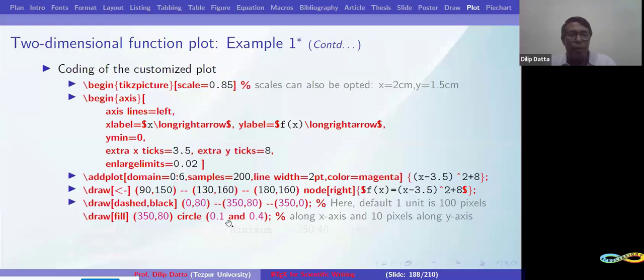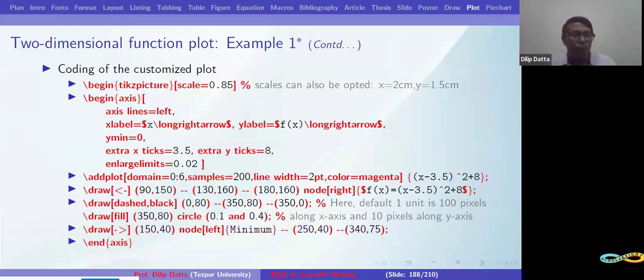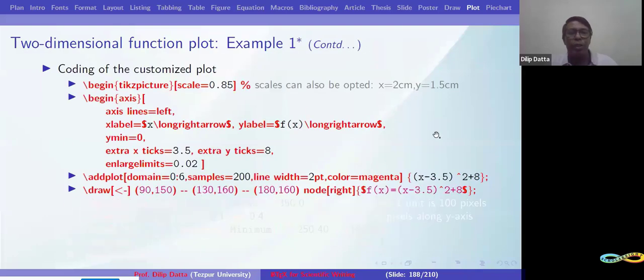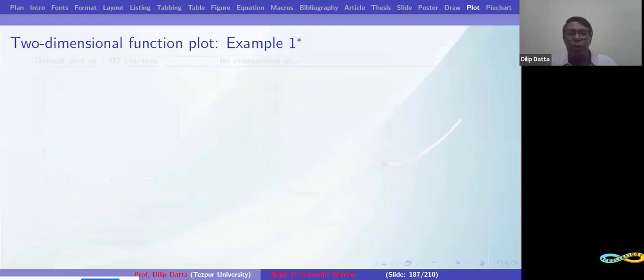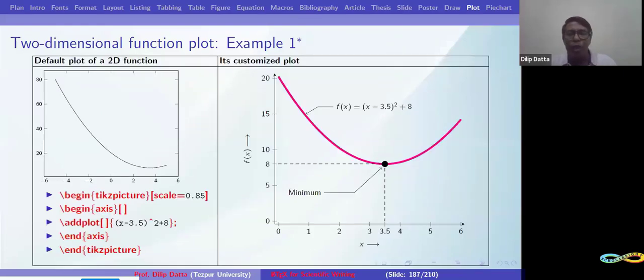Then two radii are mentioned, which means it will be an ellipse. This is manually adjusted because it will not come as an ellipse, but it is to be a circle. Then this is for the minimum one. So this is the plot shown here. Again I am telling, you need not copy. If you have understood, you can use these draw and node commands to write different text and plot.